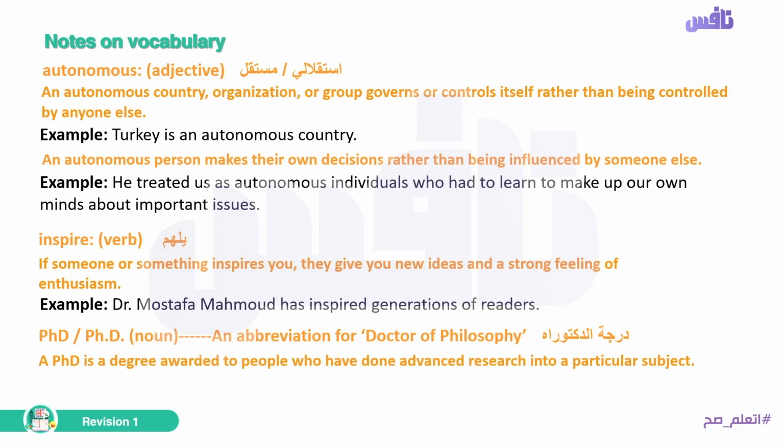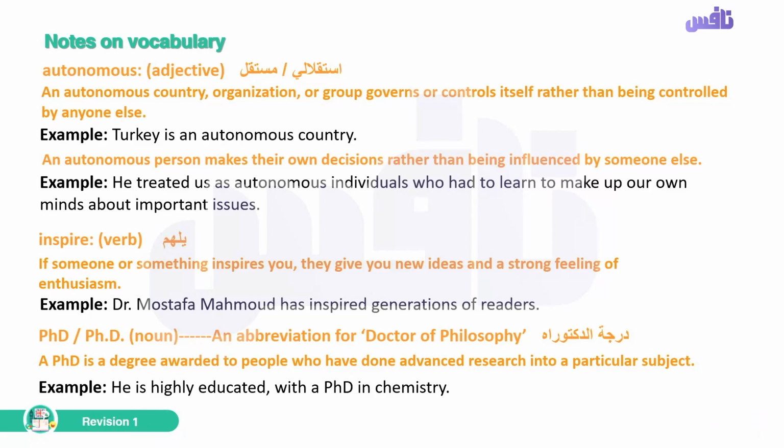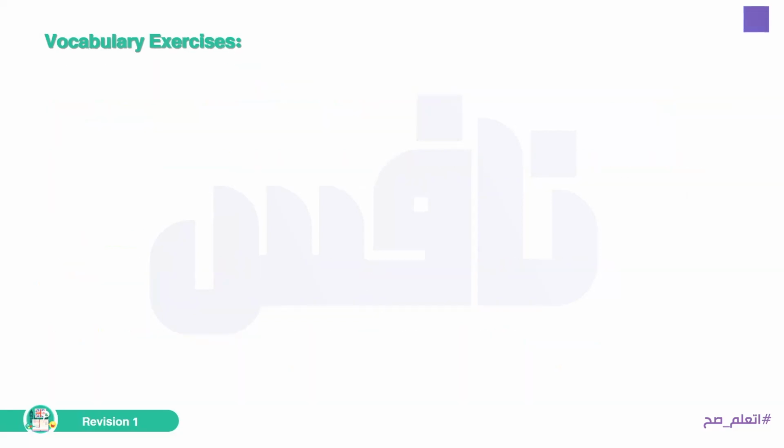A PhD is a degree awarded to people who have done advanced research اللي قاموا بأبحاث متقدمة into a particular subject في مجال معين أو في موضوع معين. فالإكزامبل بيقول لنا he is highly educated. هو متعلم بشكل متقدم with a PhD in chemistry بدرجة الدكتوراه في الكيمياء أو حاصل على الدكتوراه في الكيمياء.